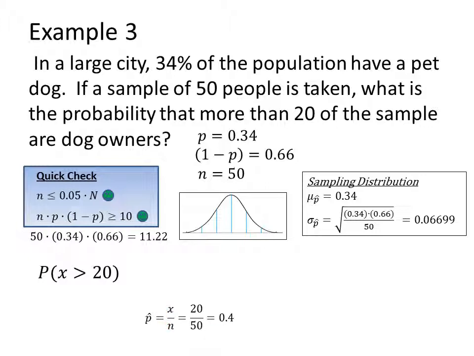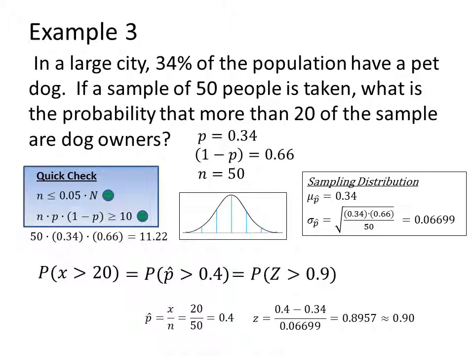So what we're really looking for is to find the probability that our sample proportion is bigger than 40%. Of course, using the normal distribution, we can find this area using the z-score, so that z value is going to give us the probability that z is bigger than 0.9, which would be this region. And so therefore, looking that up on the normal distribution table, we get 0.1841.